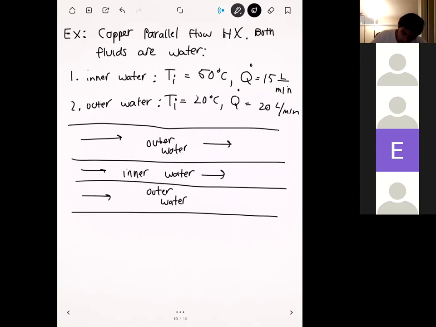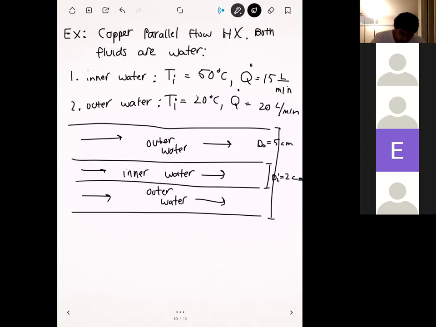Since it's parallel flow, we're going to assume that they're going in the same direction. Let's say that this inner diameter here is going to be 2 centimeters, and we'll say the outer diameter here is 5 centimeters.